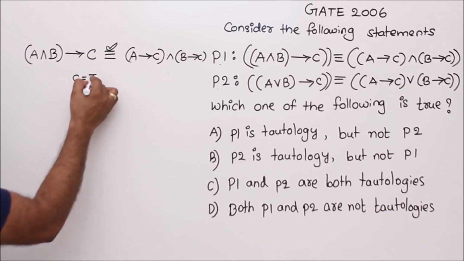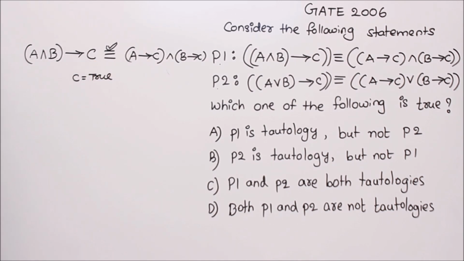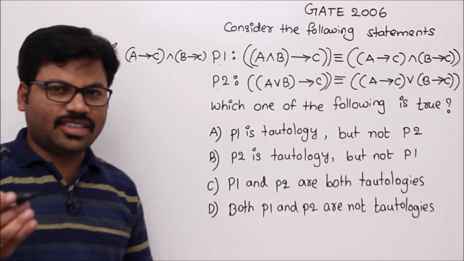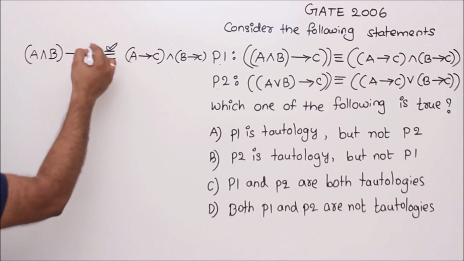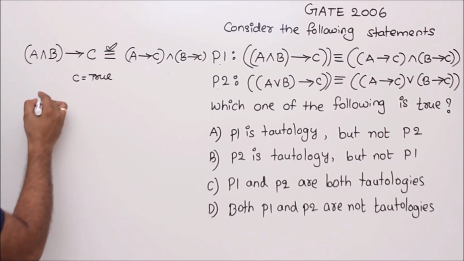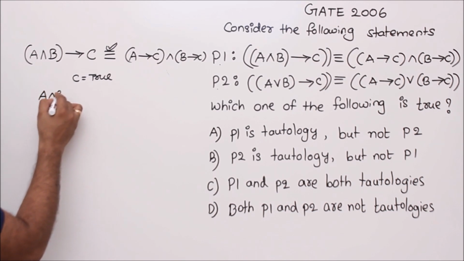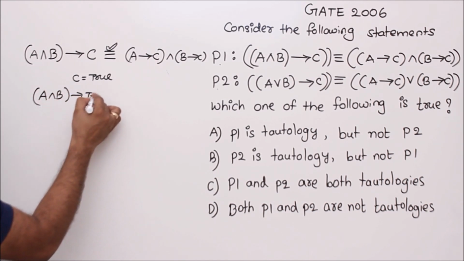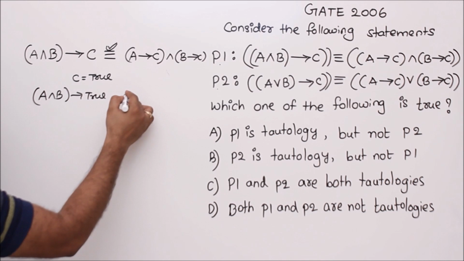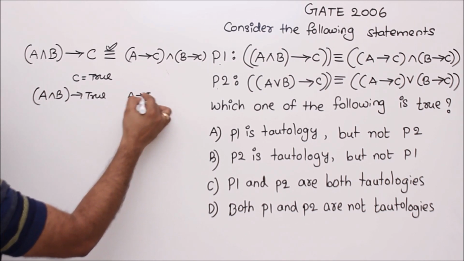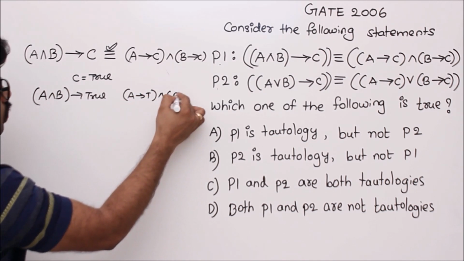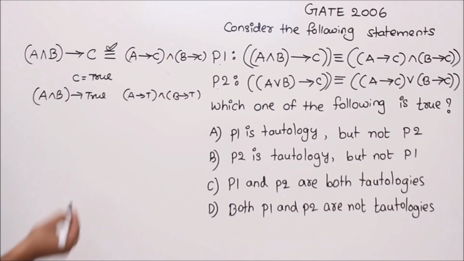Let's take C value true and observe the left hand side and right hand side. If I take C value true, then the resultant equation will become A and B implies true, isn't it? And the right hand side will become A implies true and B implies true. Are they equal or not?